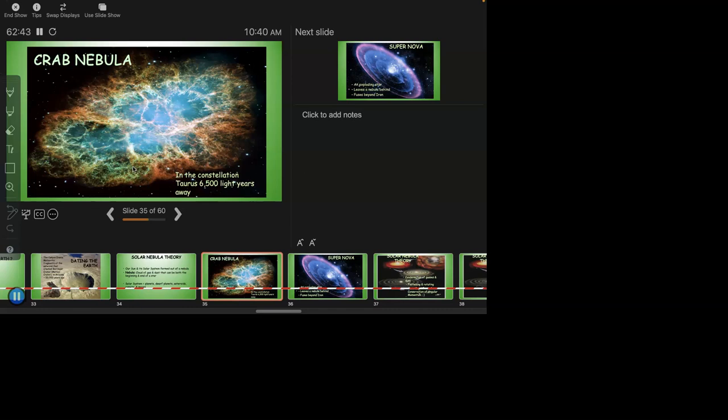Again, they're not making this stuff up. This is in Taurus, 6,500 light years away from us. So again, when this thing exploded, it took a really long time for the dinosaurs to say, whoa, what was that? All right? It takes a while.